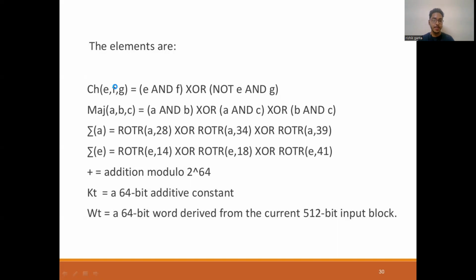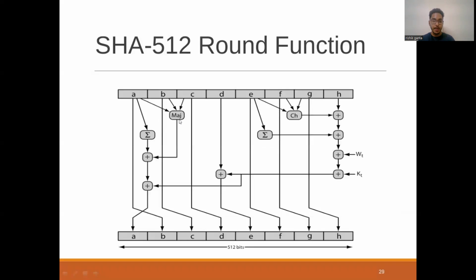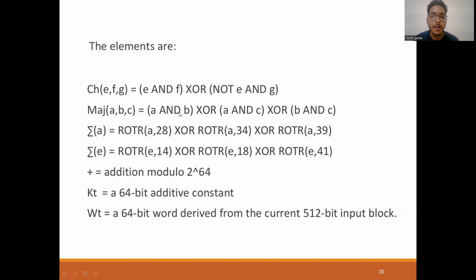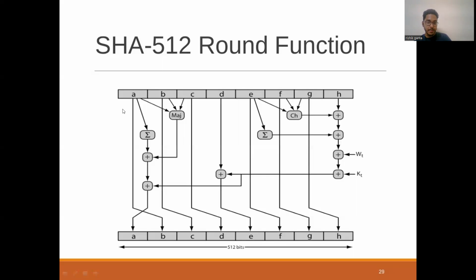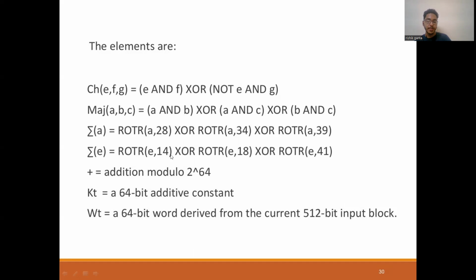In the first step, the elements are Ch(E,F,G), which is (E AND F) XOR (NOT E AND G), and Maj(A,B,C), which is (A AND B) XOR (A AND C) XOR (B AND C). Summation of A is ROTR(A,28) XOR ROTR(A,34) XOR ROTR(A,39), and summation of E is ROTR(E,14) XOR ROTR(E,18) XOR ROTR(E,41).